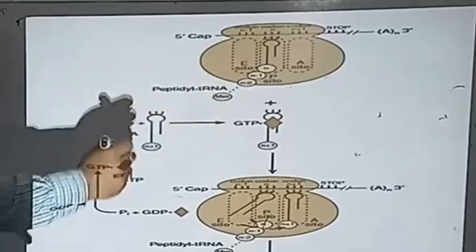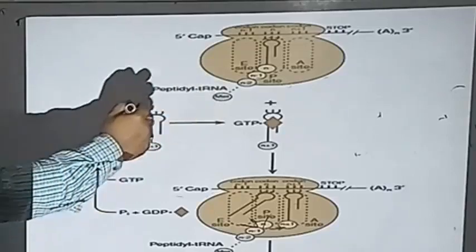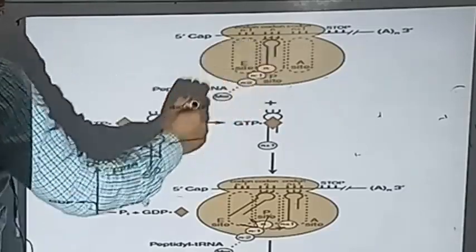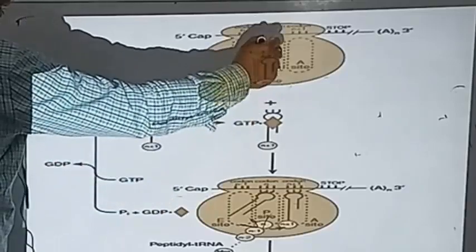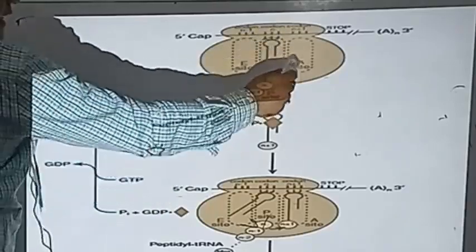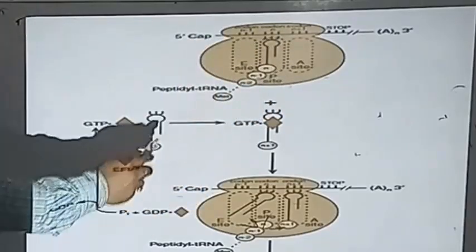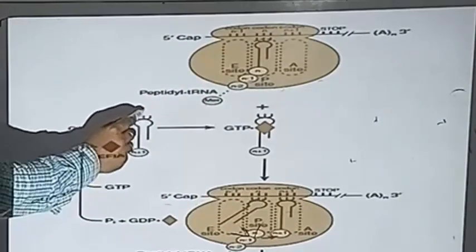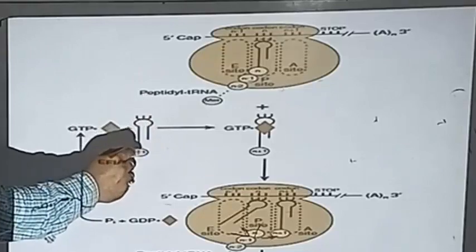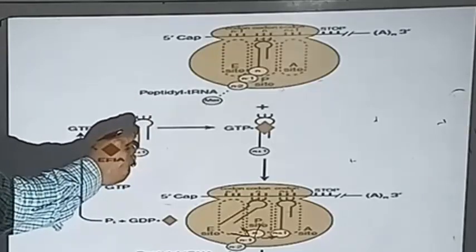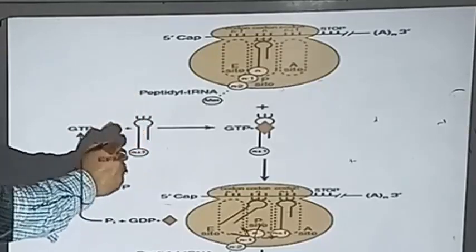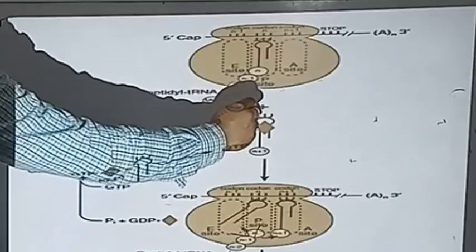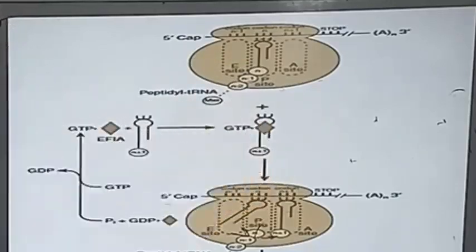So it started with initiator methionine tRNA, and then the amino acids are added, right? So this is the P site where it is added. You see this A site is free, the E site is free. This elongation factor 1A with GTP is going to form a ternary complex with the aminoacyl tRNA, right? Once it forms, it directs this aminoacyl tRNA to the A site.